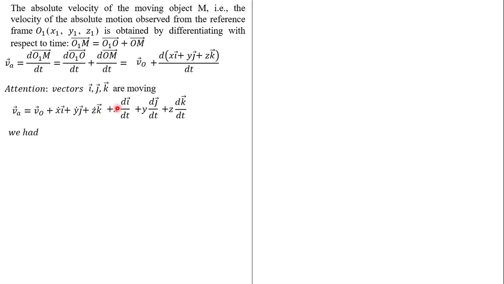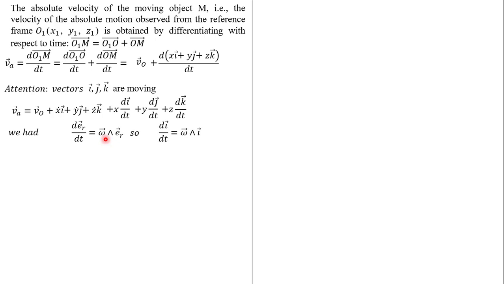So we need now to simplify this writing, di over dt. What is it equal to? As we have seen in the cylindrical coordinates, or in polar coordinates, we proved that der over dt is equal to omega cross er.